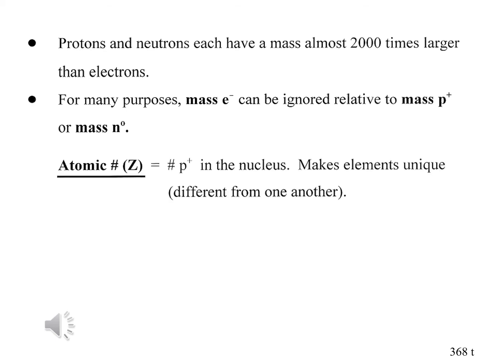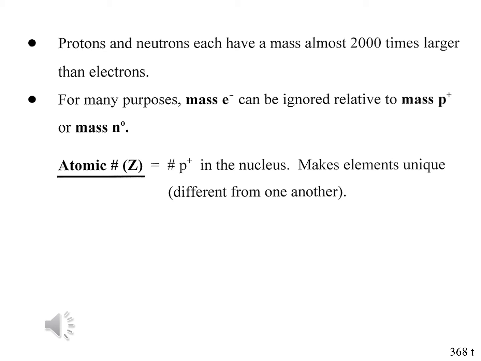You know that the atomic number in the periodic table is the number of protons in the nucleus. This is what actually makes one element different from another. Any atom that has 6 protons is carbon, and any atom that has 8 protons, for example, is oxygen.